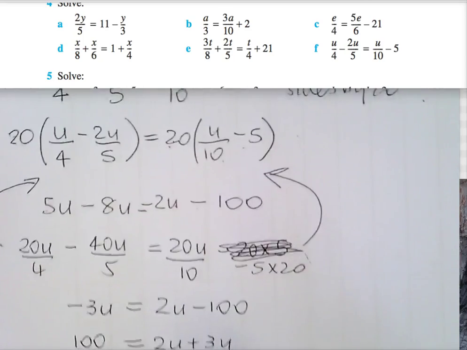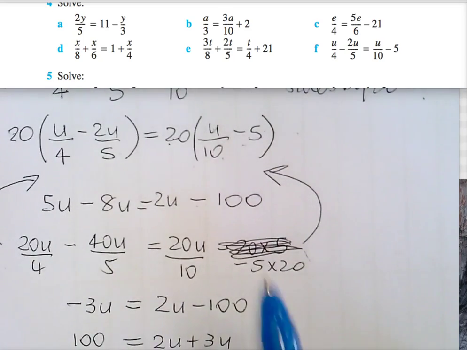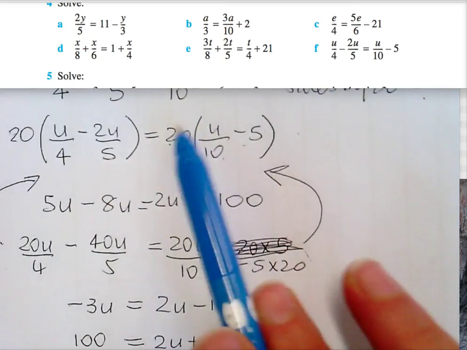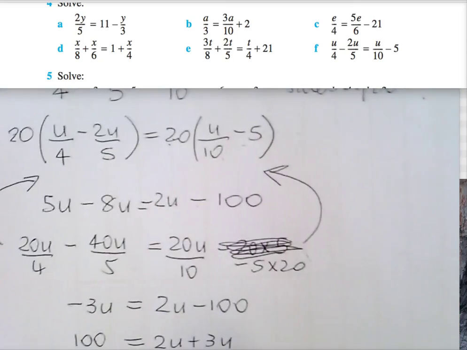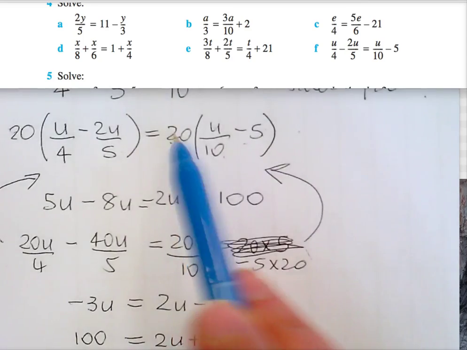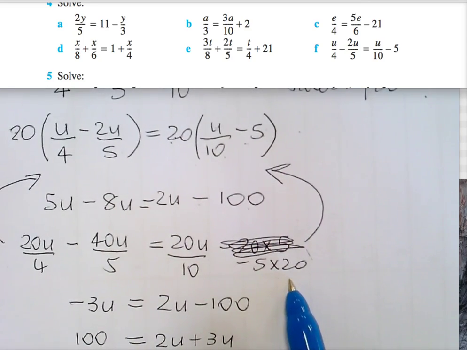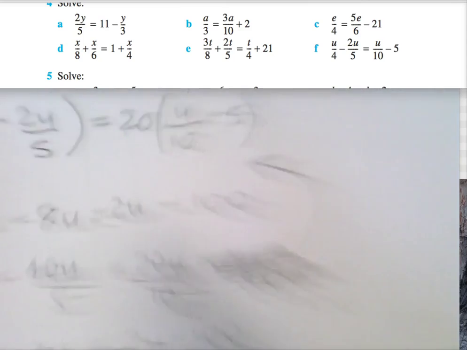Either way, you're going to get a minus. Probably best off not writing that, just going minus 100. Look, a positive times a negative is a negative. Whatever you put here, it could be minus 20 times 5 or minus 5 times 20. Same thing.